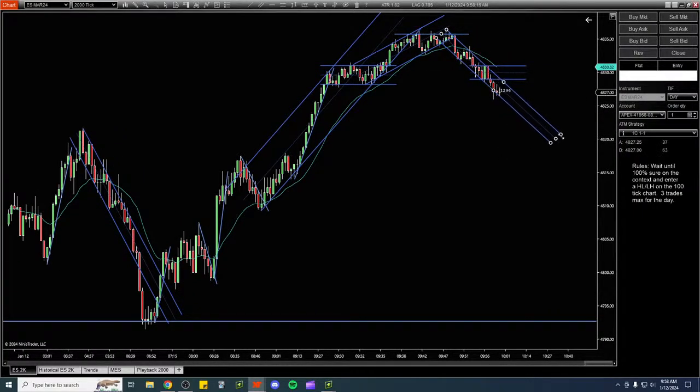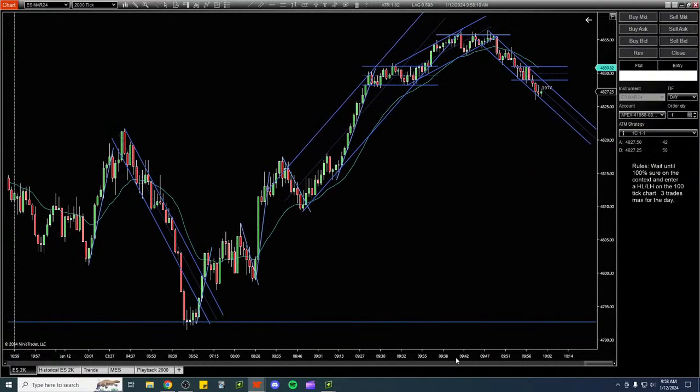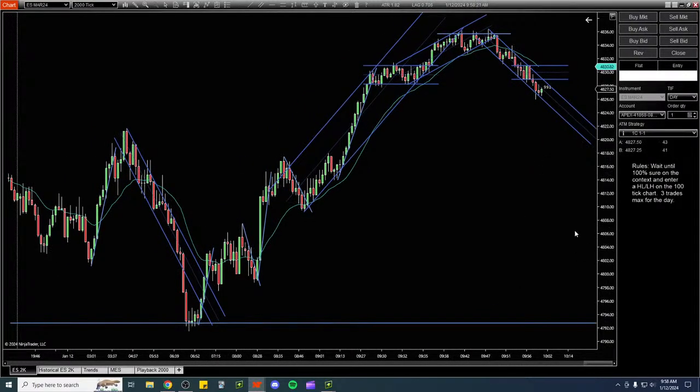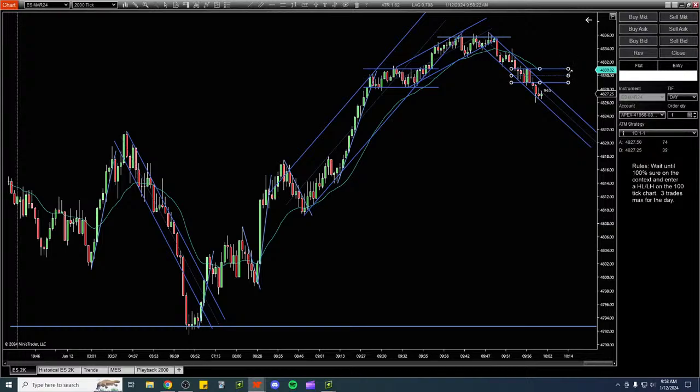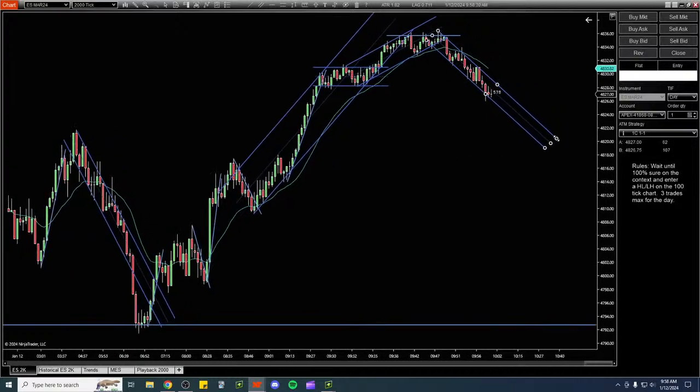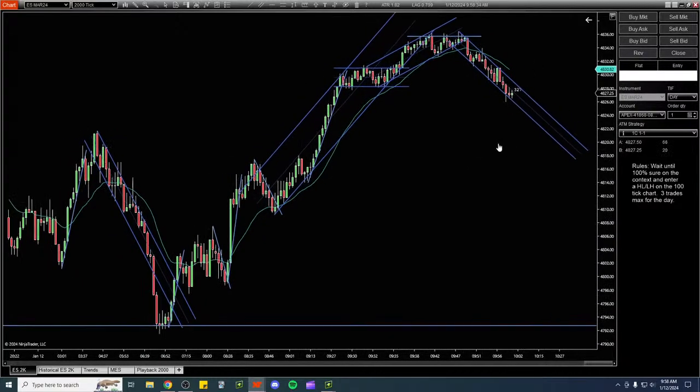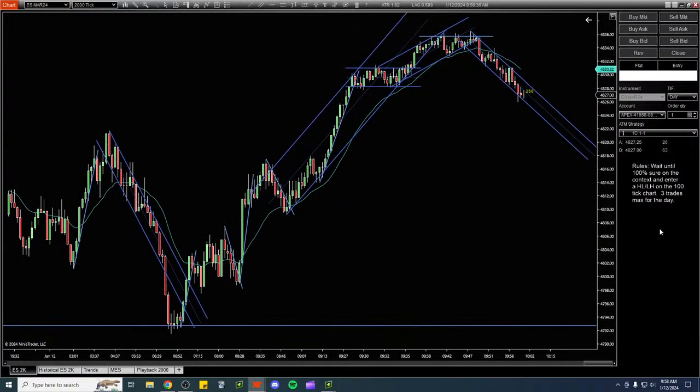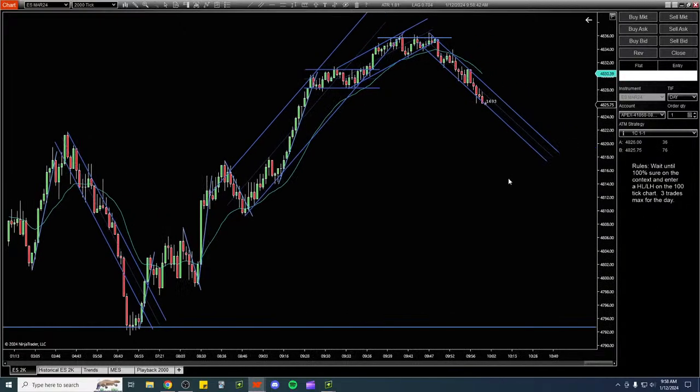I'm going to expand this downtrend out. Let's see if it's able to hold. Not sure of this downtrend, so just kind of waiting to see what's going to happen.